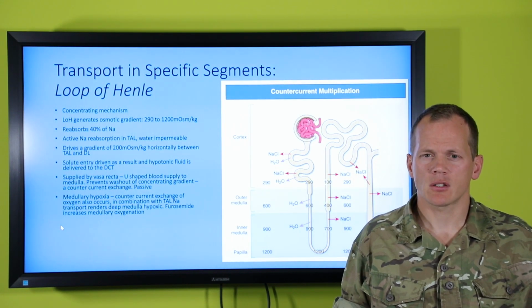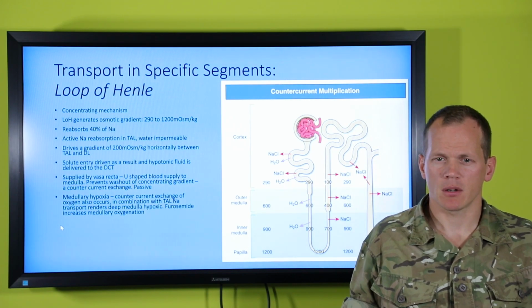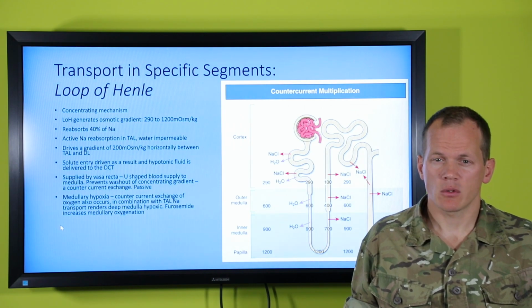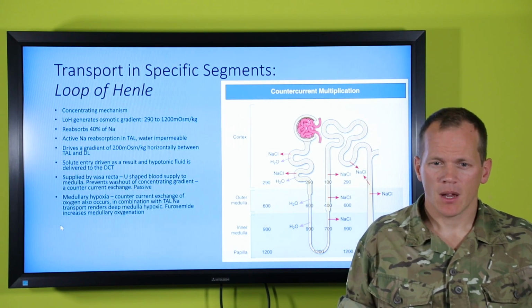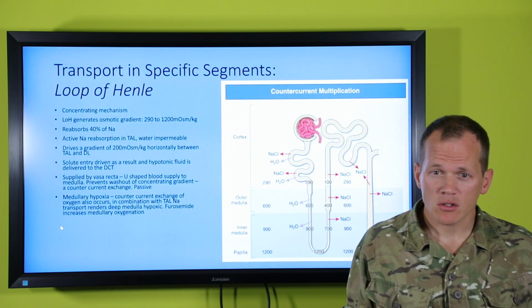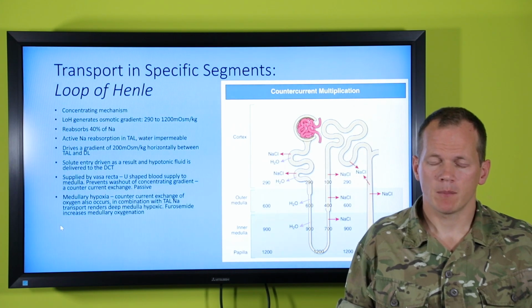Its blood supply is through, again, a mirrored loop of blood supply, so it looks like the loop of Henle, it wraps around it, and that's called the vasa recta, and that allows passive exchange, because it concentrates as it goes down into the deep medulla and then dilutes as it comes out again.